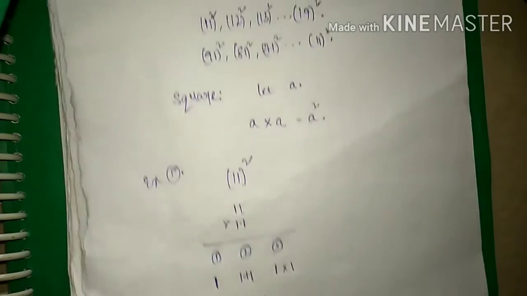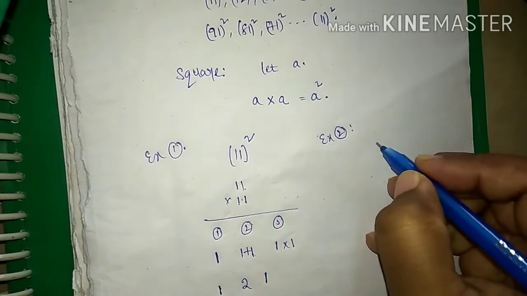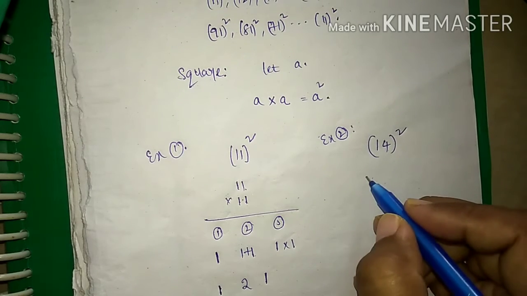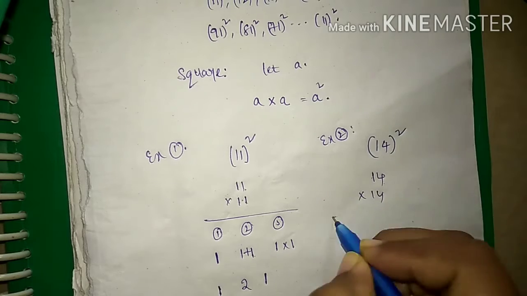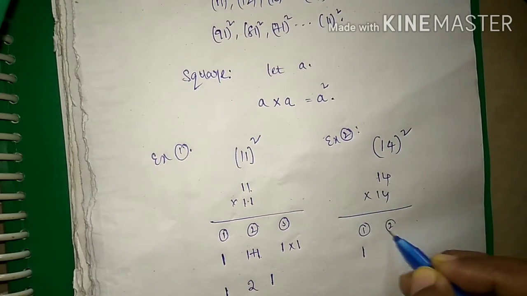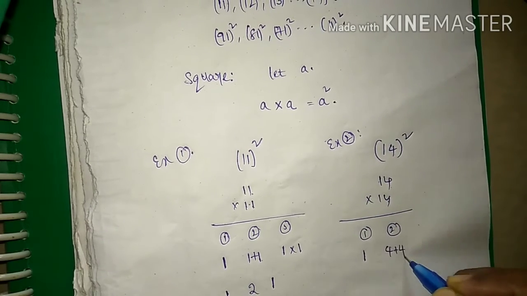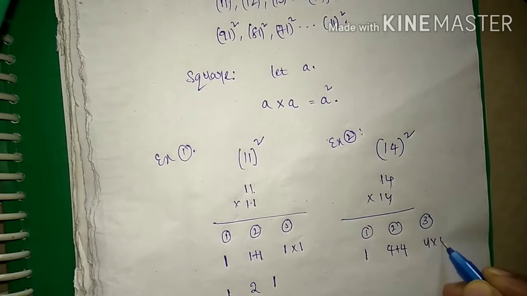Let me take another example for easy understanding. Let me take 14 whole square. Here 14 into 14. The first step is we have to put 1. In the second step, addition, so 4 plus 4. In the third step, which is multiplication, 4 into 4.